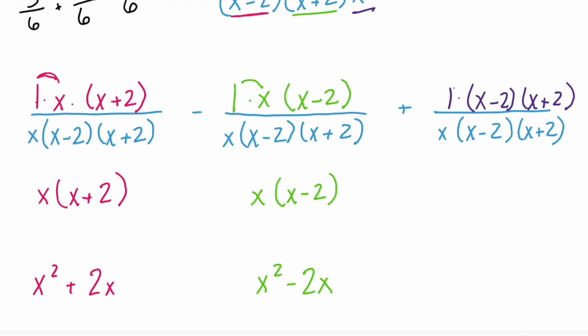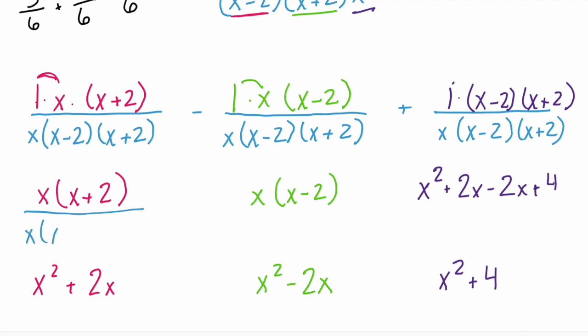And the last, 1 times anything is itself. So we can just FOIL x minus 2, x plus 2. And you can either completely FOIL that out, which is x squared plus 2x minus 2x minus 4, or you can remember that this is a difference of squares, so it actually simplifies to x squared minus 4. And I can go back through and put in that common denominator that each of them have.